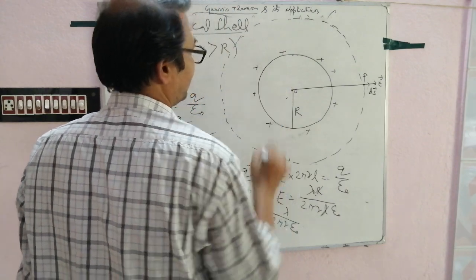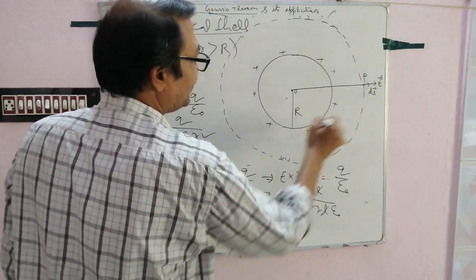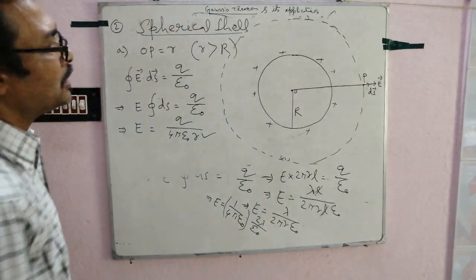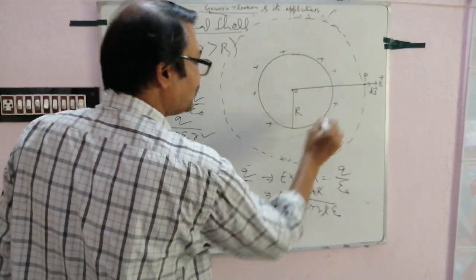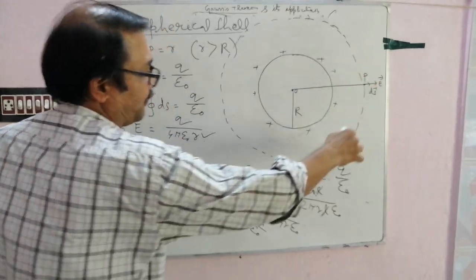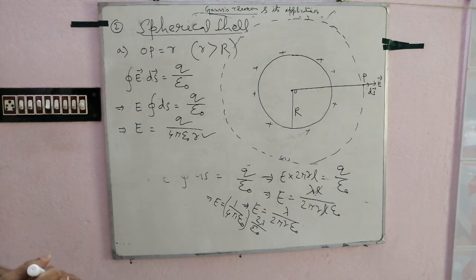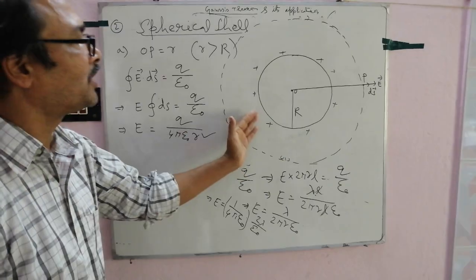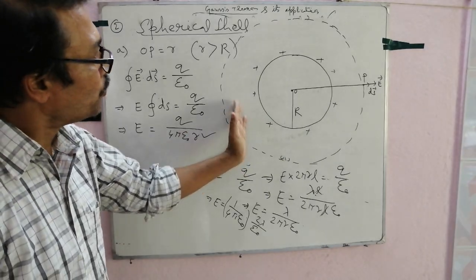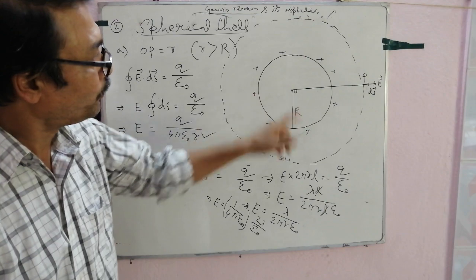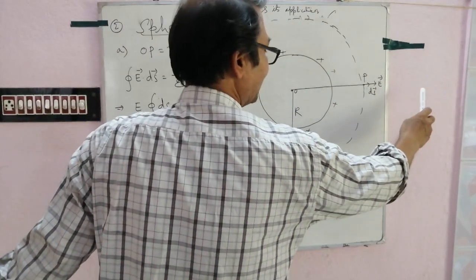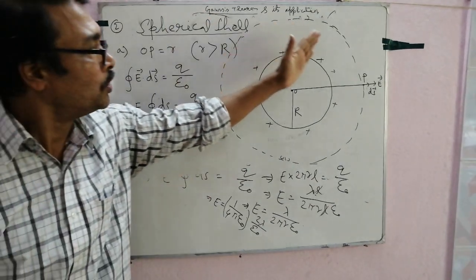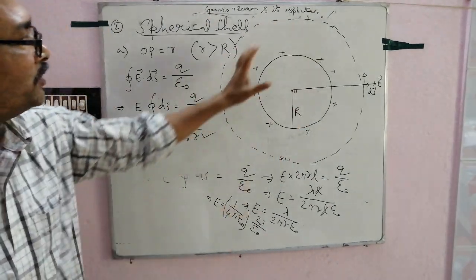So the total charge is on the surface, and the distance from the center OP equals r, but though the charge resides on the surface, it is inside the Gaussian surface. Clear? And in case of distribution of charges, Coulomb's law is applicable. We consider the total charge at the center, and of course the distance between the two charges r is greater than the radius of the cell.